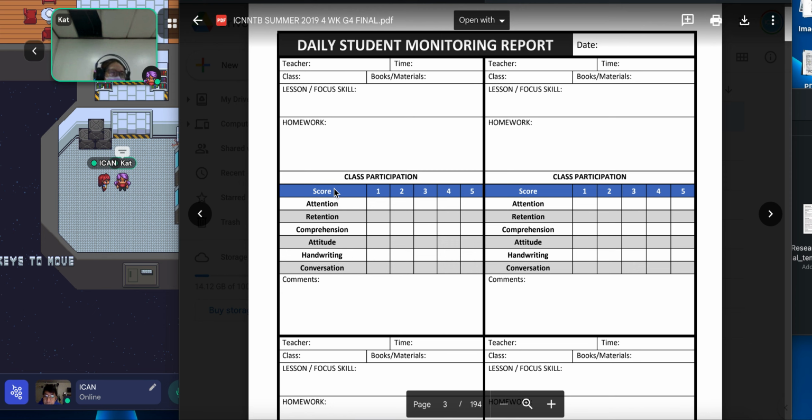Sir, for the daily student monitoring report, hindi naman kailangan na parang i-follow namin yung order na, halimbawa, I'm the second teacher, pero as much as possible, pag nasundan naman niya yung time, doon ako sa pangalawa magsusulat kasi I'm the second teacher. Yes, oo, ganun. Kasi minsan, baka absent si teacher, di ba?